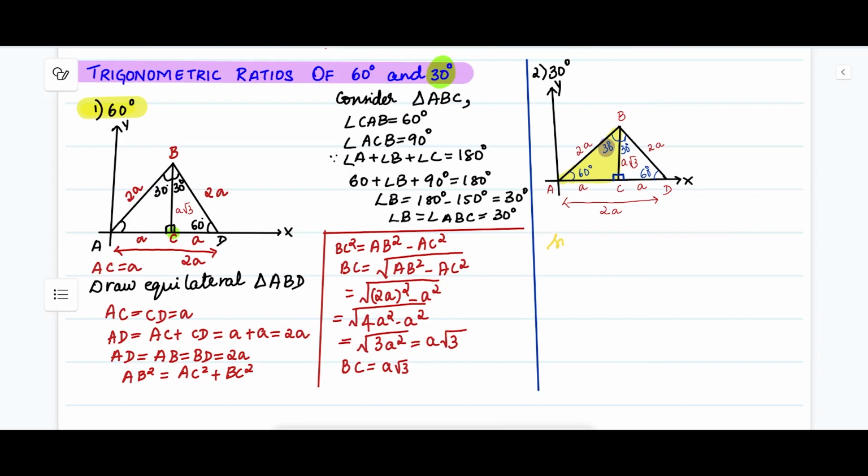First one is sine 30 degrees, which has the definition opposite side divided by the hypotenuse side. The opposite side here is the side of the triangle which is opposite to our angle theta, that is 30 degrees.